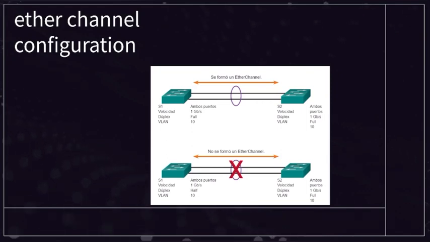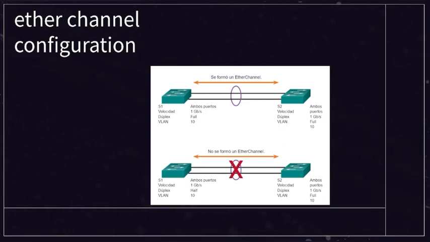When an EtherChannel link is configured using PAgP, PAgP packets are sent between EtherChannel capable ports to negotiate the formation of a channel.